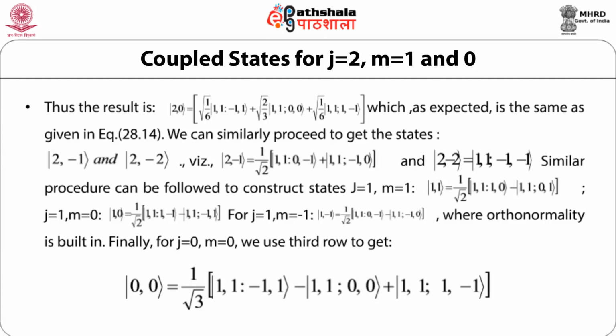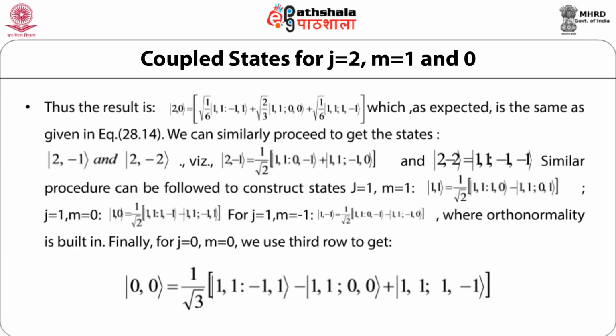Also for j equal to 1 and m equal to 0, the coupled state is given by |1,0⟩ is equal to 1 by √2 times (state |1,1⟩ and |1,−1⟩ minus state |1,1⟩ and |−1,1⟩).